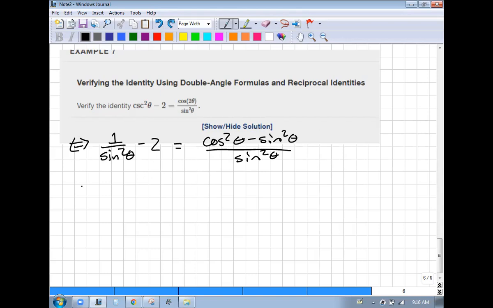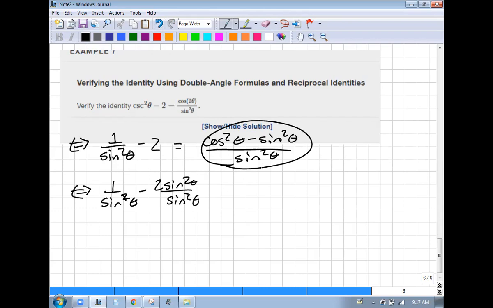So now my motivation for my next step is, this is one big pile of stuff, and here I have two piles of stuff. So how about I combine these by getting a common denominator? 2 would be 2 sine squared over sine squared, right?